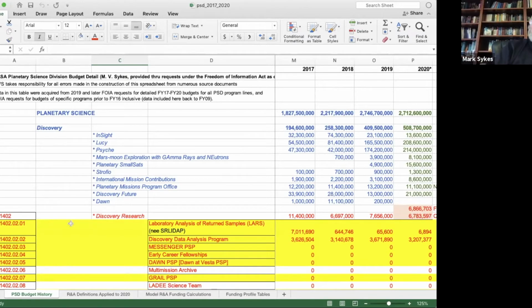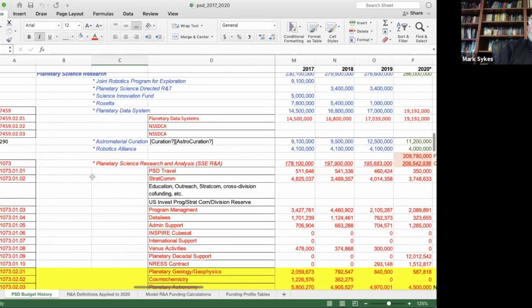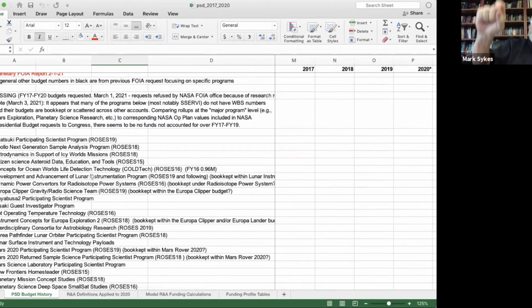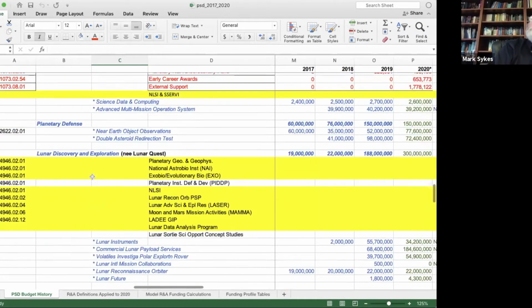But there's a bunch of programs that don't appear, and that's because they're accounted for within some of those lines up above.